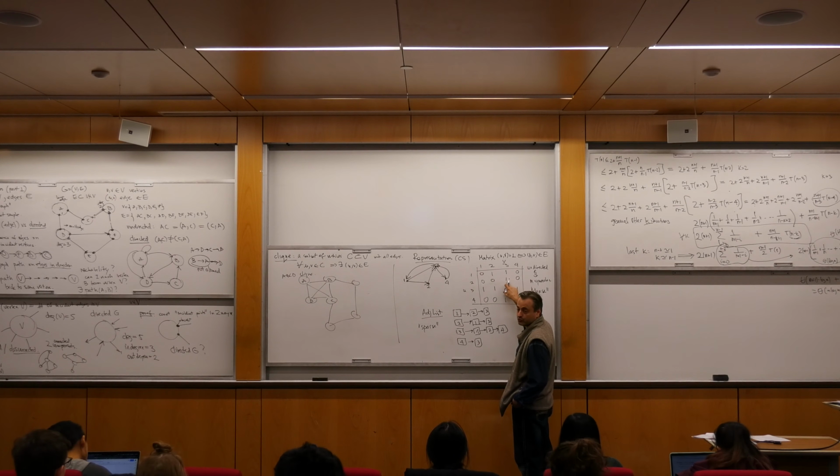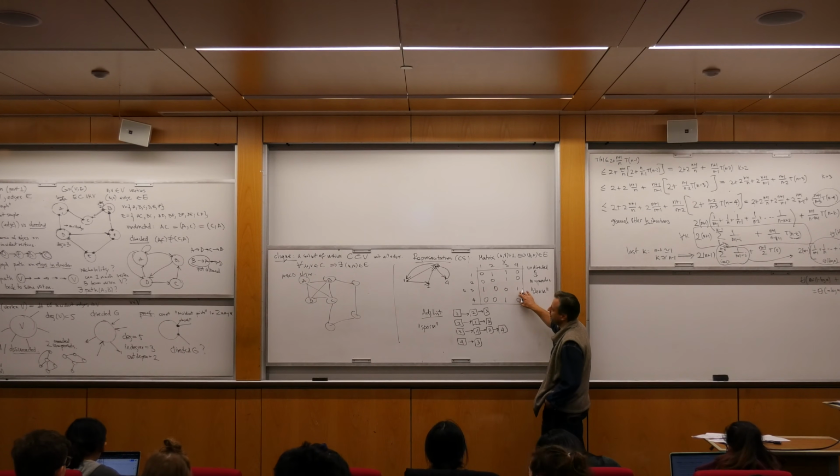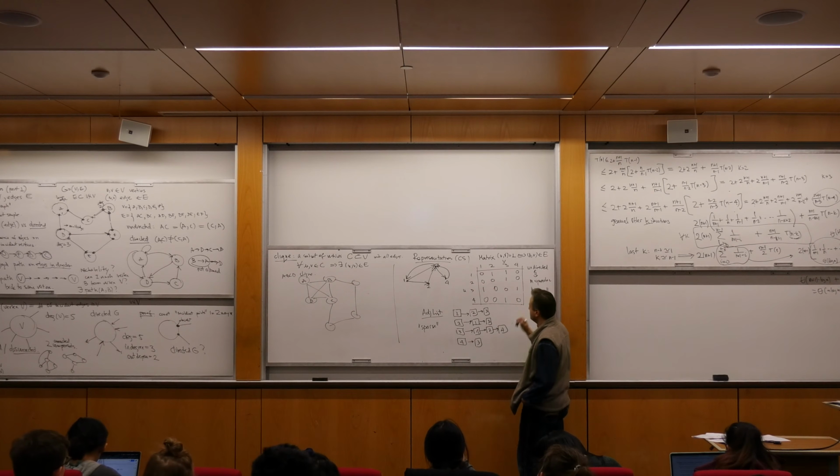I have an edge 2 to 3 now? Yes. 2 to 4, no. Now 3 to 1. Is there an edge 3 to 1? Yes. 3 to 2? No. 3 to 3, 0. 3 to 4? Yes. 4 to 1? No. 4 to 2? No. 4 to 3? Yes, because there is an edge 4 to 3.